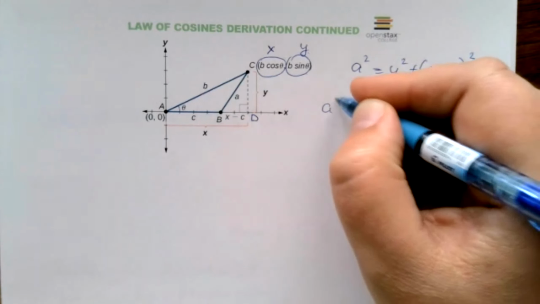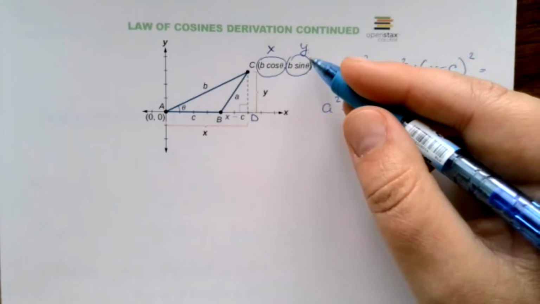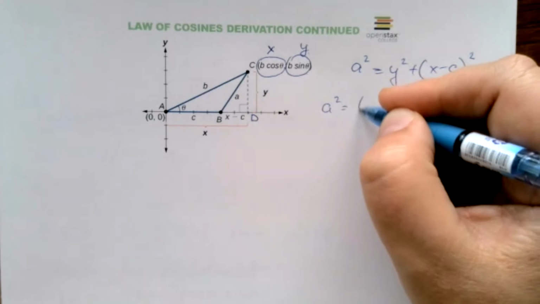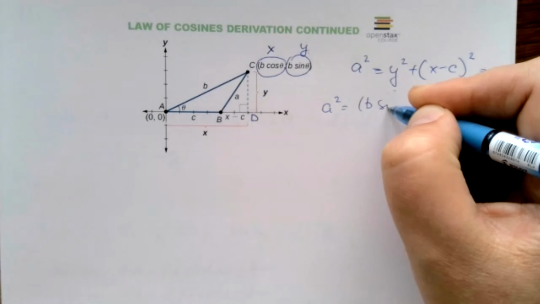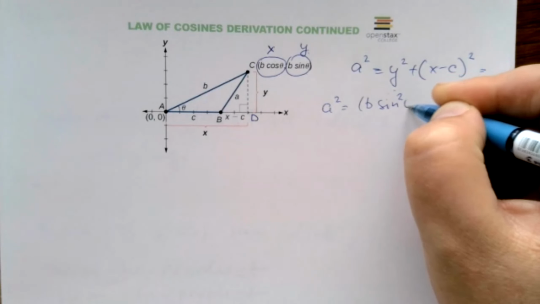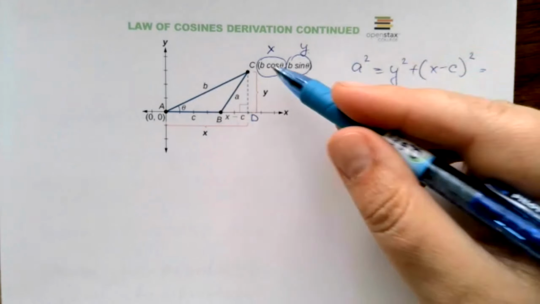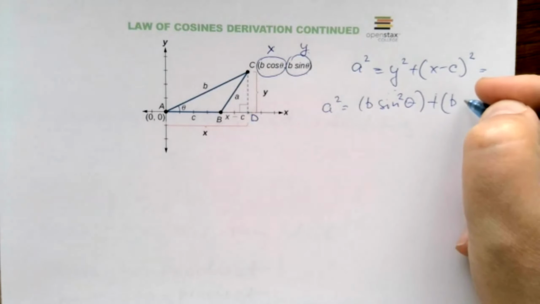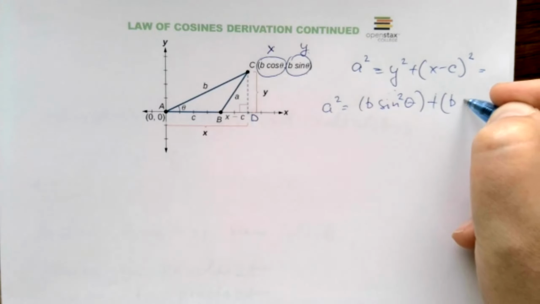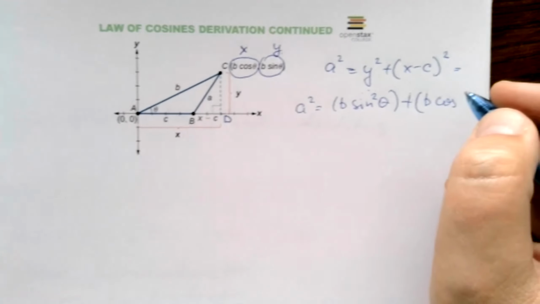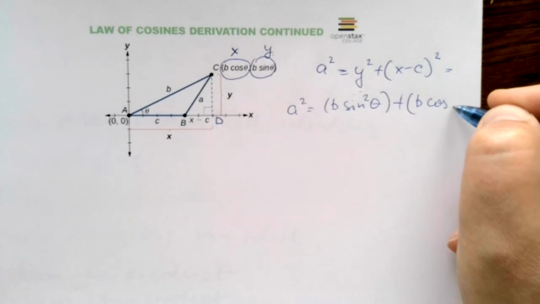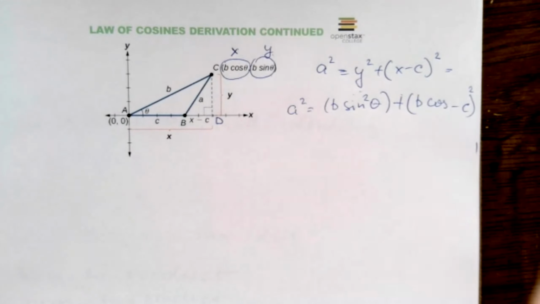So a squared equals y, which is b sine theta, squared, plus x, which is b cosine theta, minus c, squared.